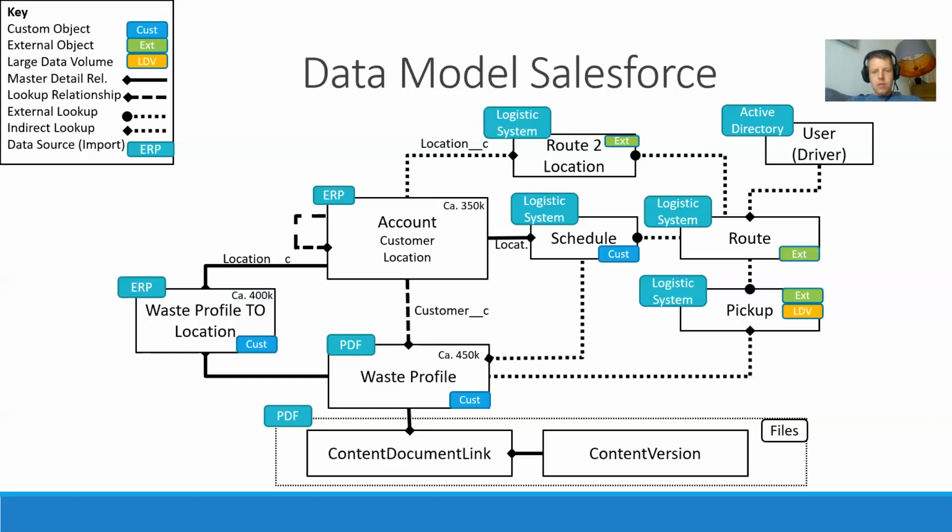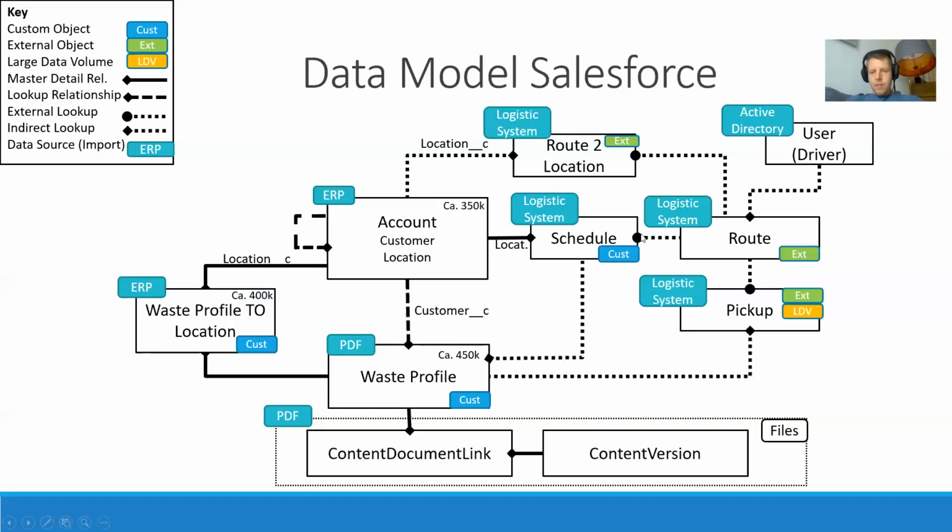And so this schedule, I'm not sure if this actually is correct here. This schedule defines the preferred days of pickup and which waste profile. It's a custom object. It's not controlled by the logistics system, but imported from the logistics system.